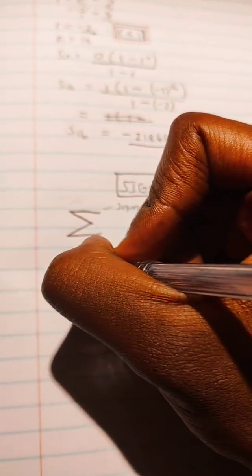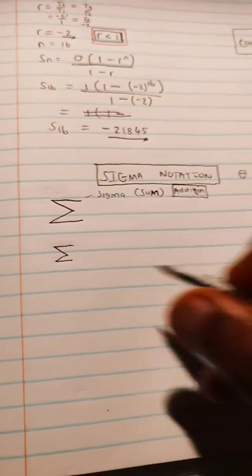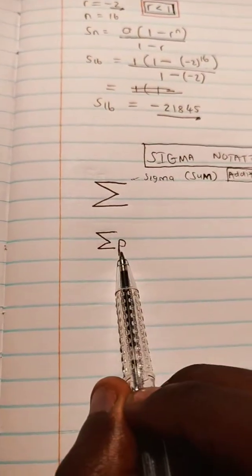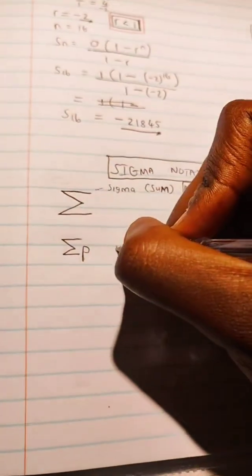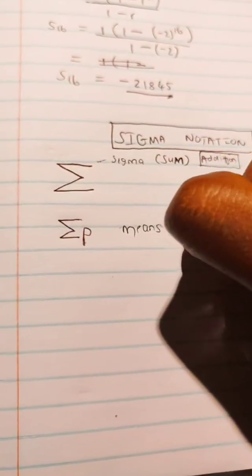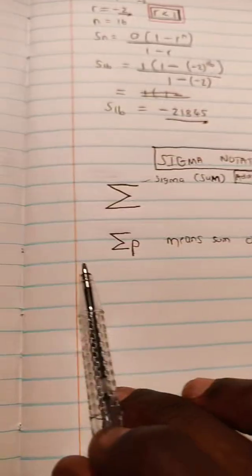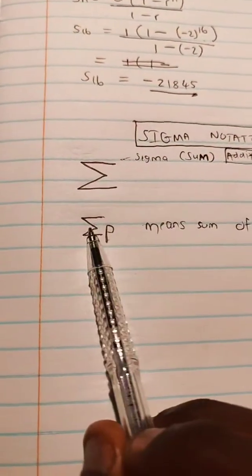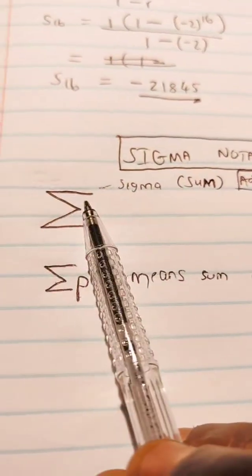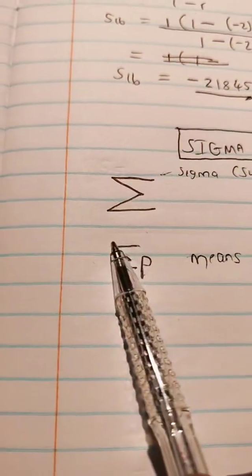So if I said, for instance, the sigma of P, that means the sum of P's. In other words, P plus P plus P plus P plus P. That's just loosely put. If I say the sigma of P, because the word sigma means sum, it just means the sum of P's. We are adding P's, P plus P plus P plus P, and so it goes.